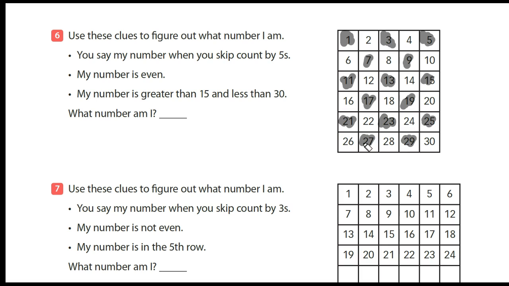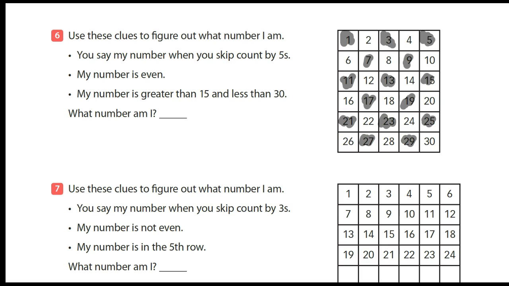Then it says, when you say my number, you skip count by 5s. Oh. So then I can cross out any numbers that I can skip count by 5s, right? So can I cross out 10? No, I can't. Because when I go 5, 10, that's what I say, right?